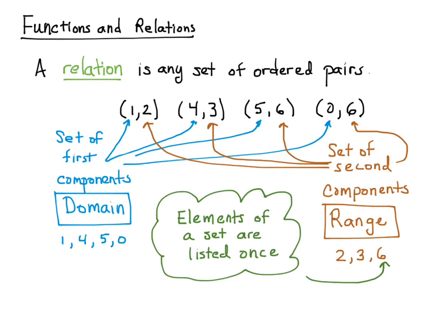Same thing here: the 6 is related to both the 5 and the 0, but we don't have to call out the 6 separately when we're constructing sets. A set is basically identifying the possible values of the domain and the range, not how many times they occur.